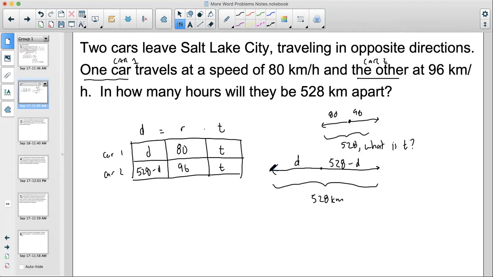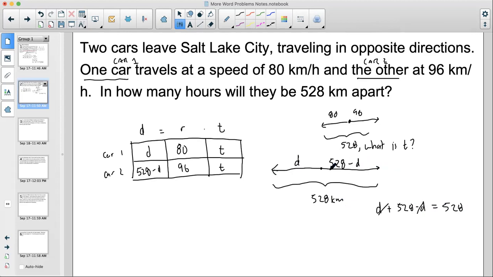Basically, if this whole thing is 528 and this is d, this is whatever's left over when you take d away from 528, which is 528 minus d. And if you add these two distances together, d plus 528 minus d, because the d's cancel out, it always equals 528, which is what I was hoping was going to happen.